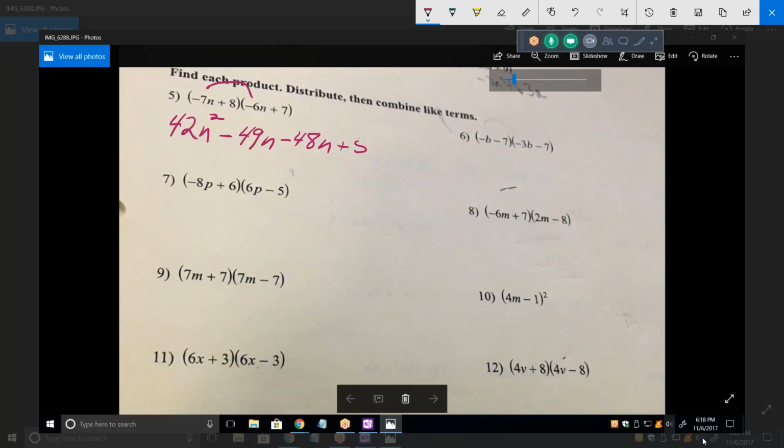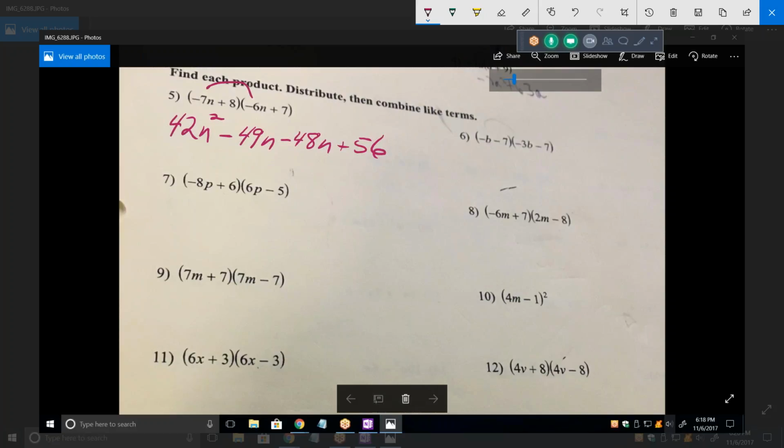Now, whenever you've done this, the only terms that are going to combine are always those two middle terms. So simplify it by combining those two terms. In other words, that's really not an appropriate final answer.